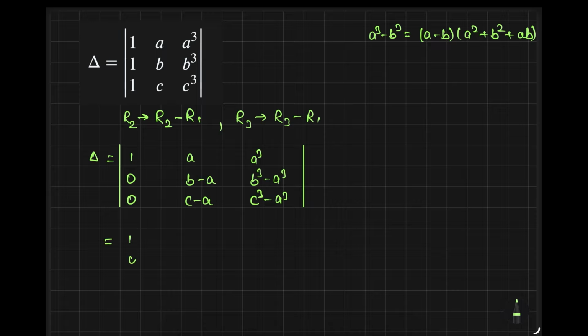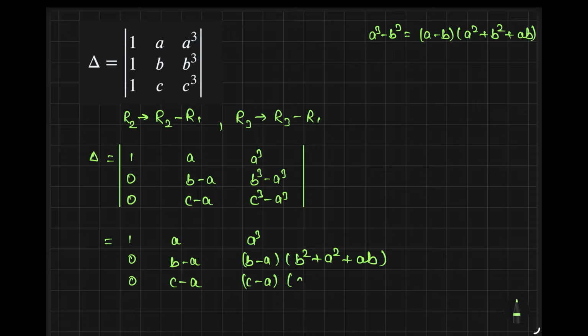So 1 0 0, a, b minus a, c minus a, cube, b minus a times b square plus a square plus ab, comfortable? c minus a times c square plus a square plus ac.